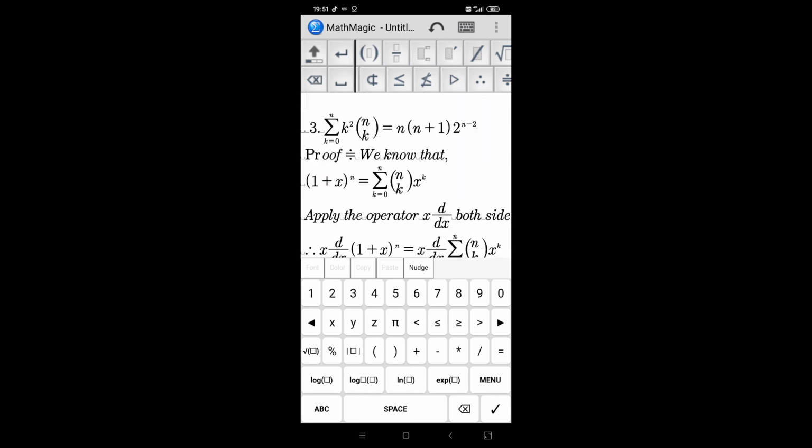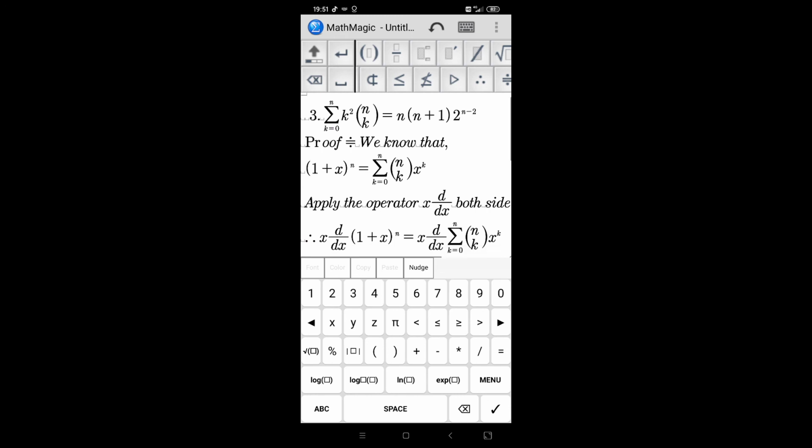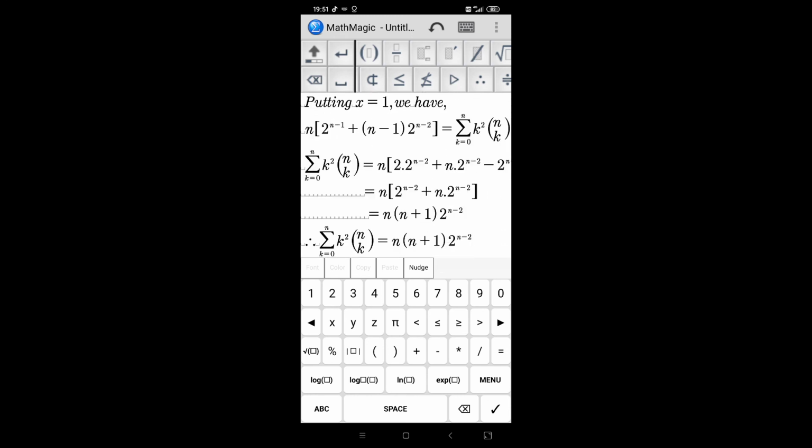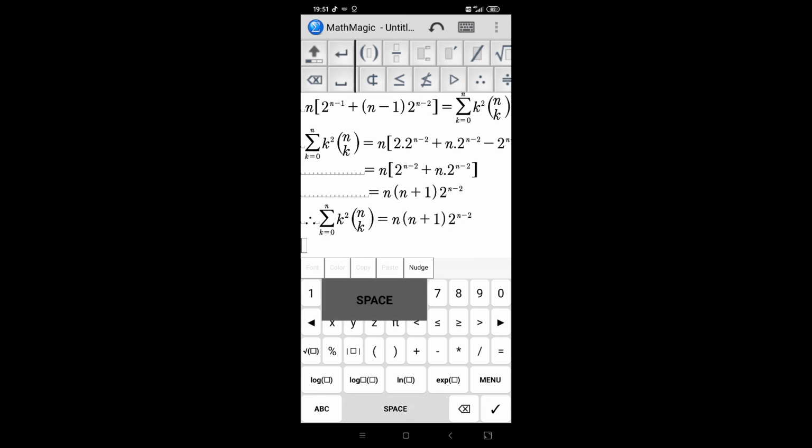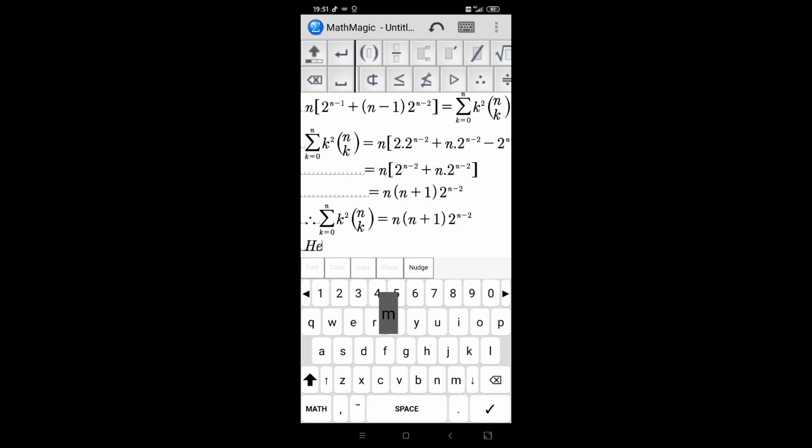The generalized form will be coming soon; I will do another video for the generalized one. For the first identity it is just without k, the second one has k, and the third one has k square.